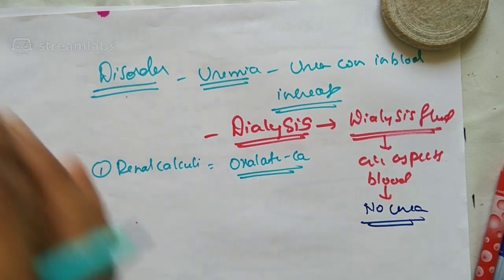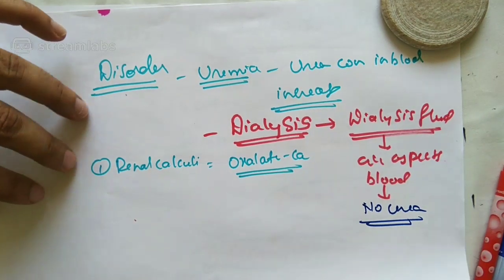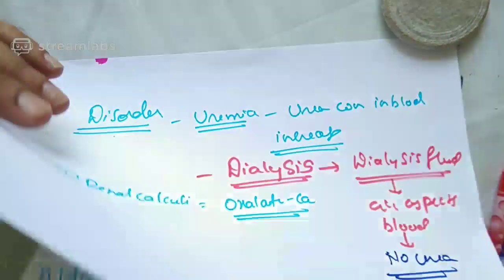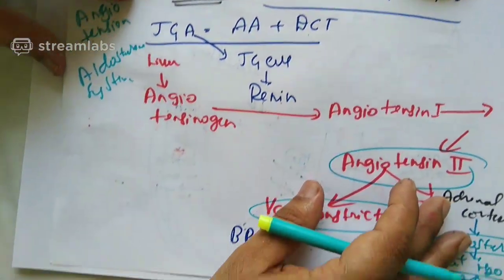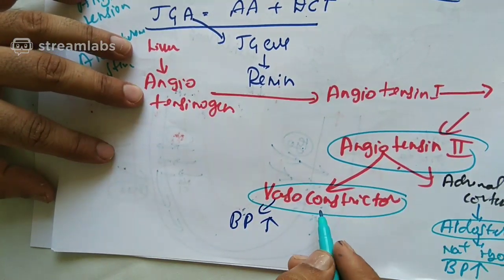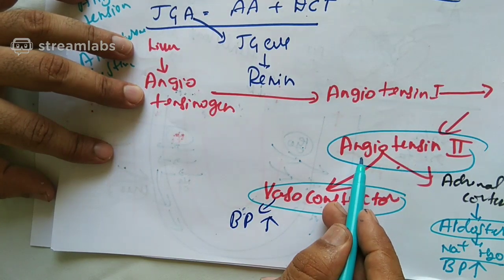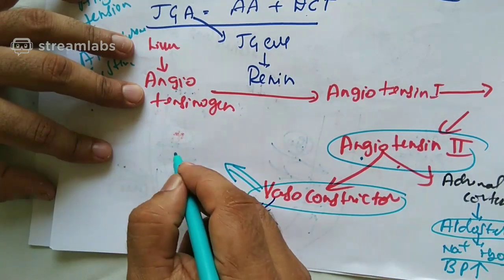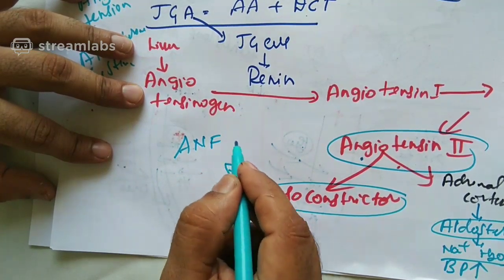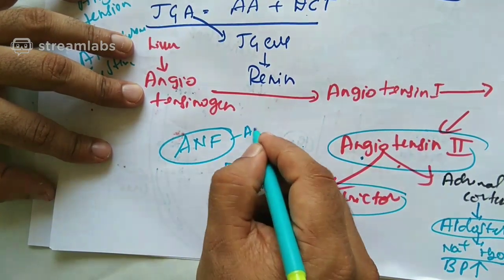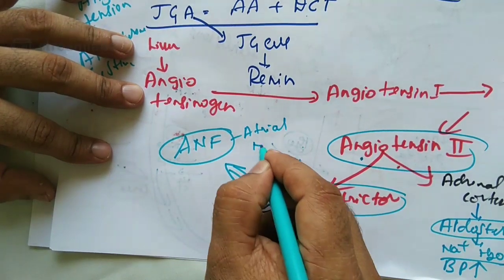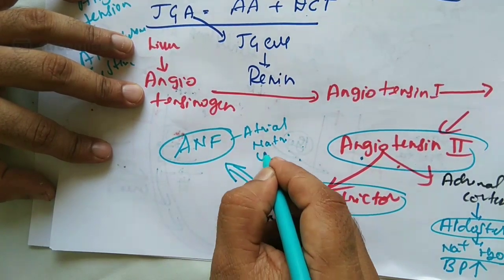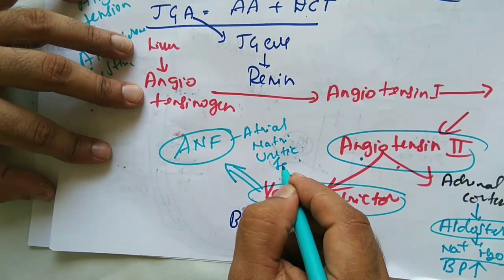Students, quickly to ask something to you. See here, we discussed regarding RAS, right? RAS, where a vasoconstriction occurs because of angiotensin 2. Is there anything which is a vasodilator? Yes, it's ANF. What's ANF? Atrial natriuretic factor.